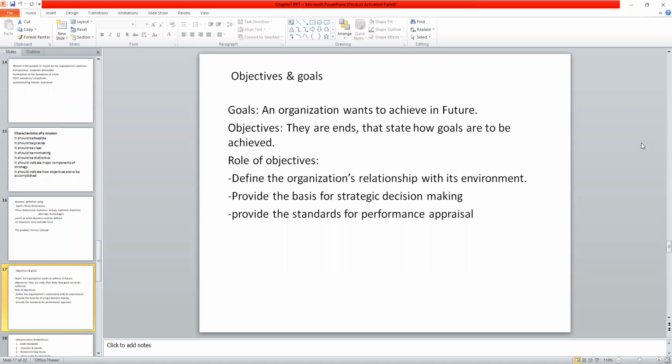Organizations do formulate the goals, which are the broader statements which show the reflection of the vision of the organization.